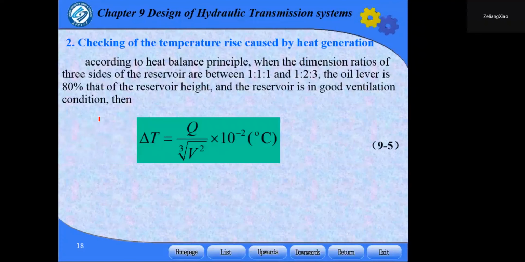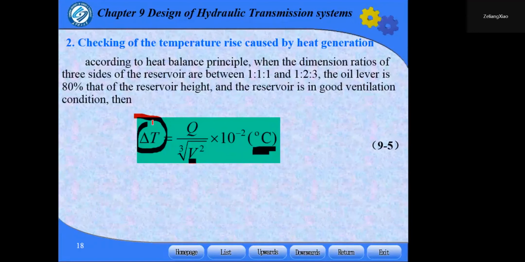Here is the input heat with the effective volume, and the unit of the temperature rise is degree.